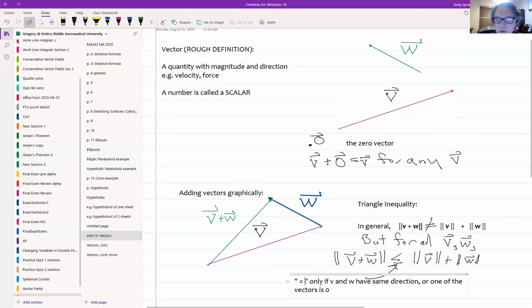Oops, sorry. The length of v plus w is less than the length of v plus the length of w. Oh, sorry, got it right the first time. They're equal only if v and w have the same direction, or if one or both vectors is the zero vector.